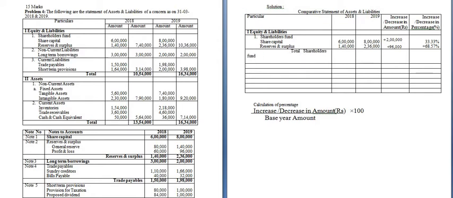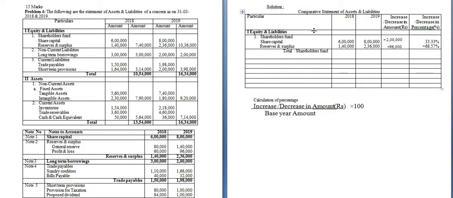How much is the total shareholders fund for 2018? 6 lakhs plus 1,40,000. So total is 7,40,000. Here the total is given. So write directly as it is the amount, 7,40,000. And what about 2019? 8 lakh plus 2,36,000. Total is 10,36,000. So write here 10,36,000. Okay. So this is the total shareholders fund.